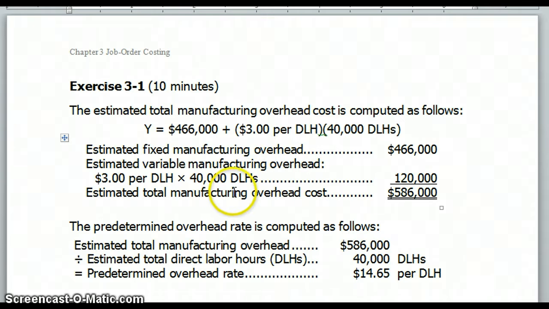Therefore, our estimated total manufacturing overhead cost would be the estimated fixed overhead of $466,000 plus the estimated variable manufacturing overhead of $120,000, which is calculated by taking $3 per direct labor hour multiplied by 40,000 direct labor hours.